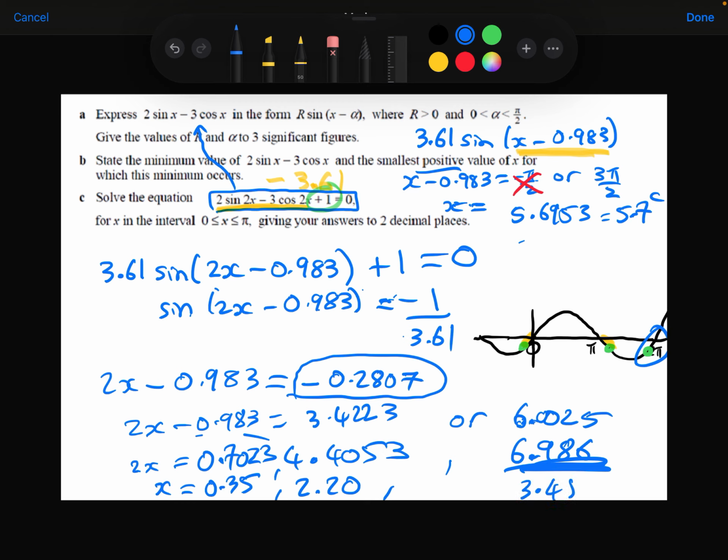I get 3.45 and so on, so that's too big. So I'm going to ignore that solution because I only want my answers between 0 and pi. Therefore, these are the only two answers to part C.